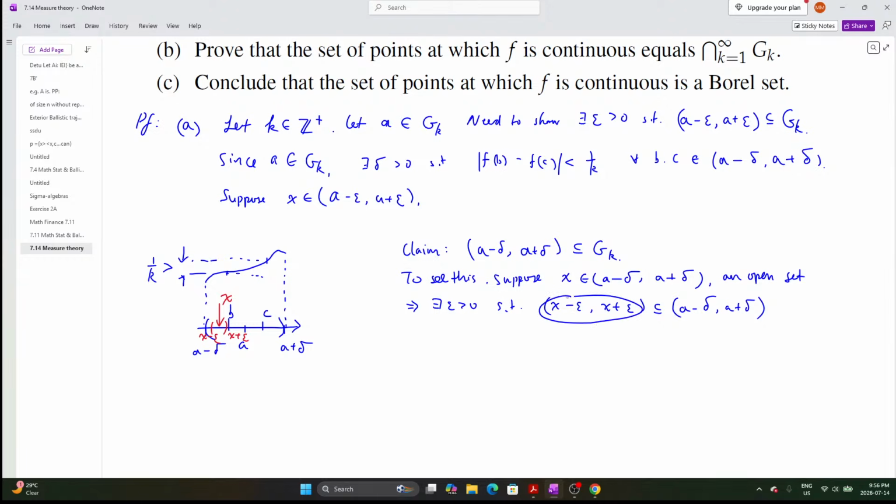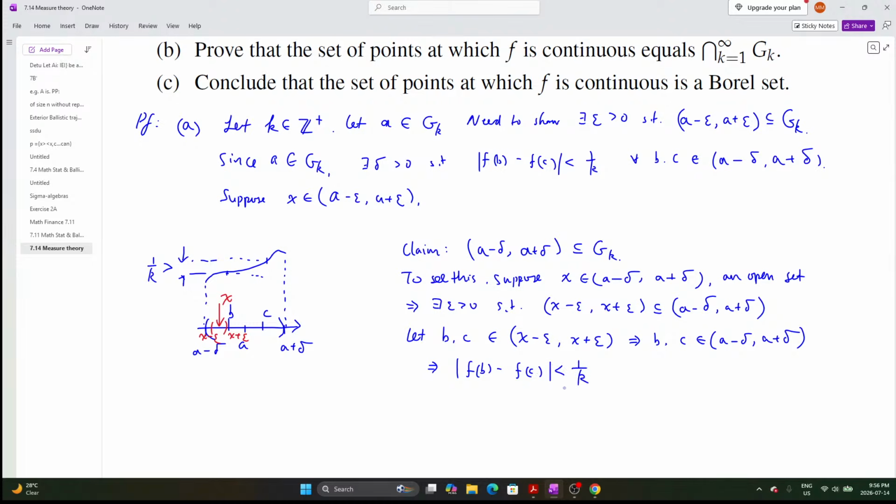Now everything in here, for all B, C in (x minus epsilon, x plus epsilon), B and C are both in (a minus delta, a plus delta), and it satisfies this inequality. As a result, |f(B) minus f(C)| is less than 1 over k. So what does this say?